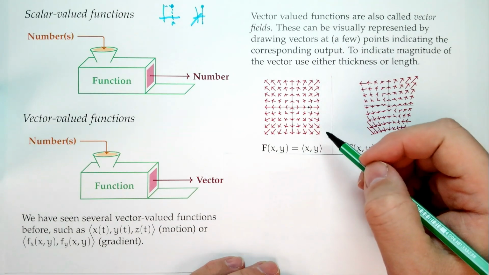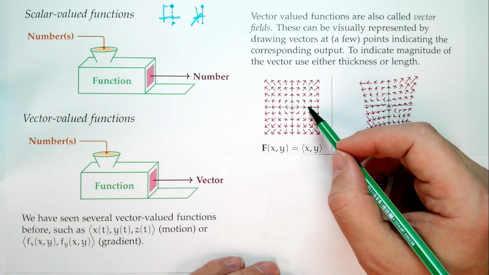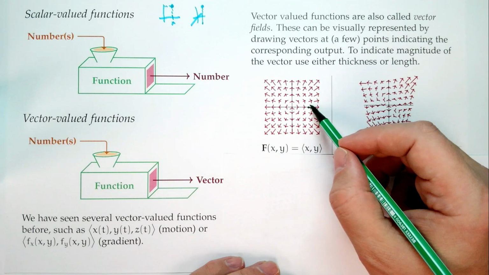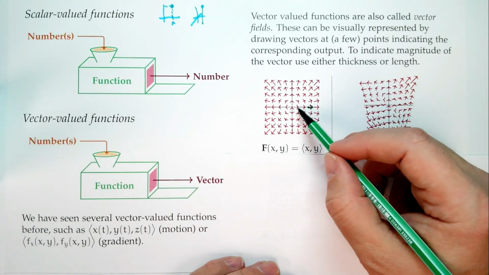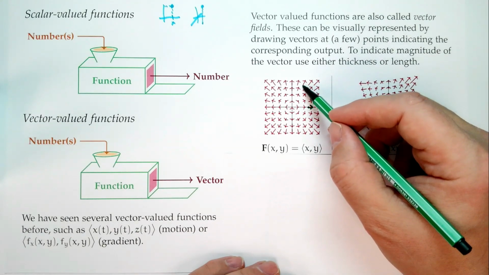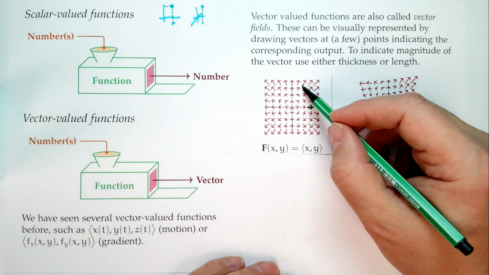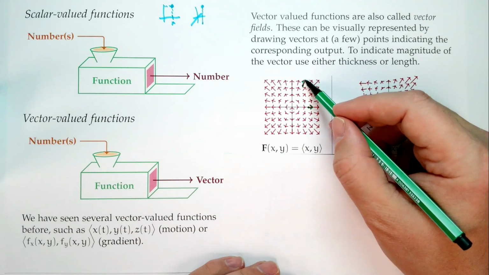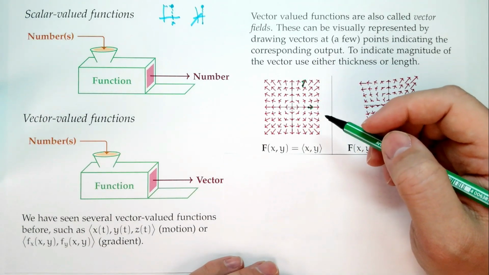That's an easy point to identify the behavior, because I'm on the positive x-axis, so the vector from there points in the positive x direction. Or I might pick a point up here. Well, there's a little change in x, but a bigger change in y, and I'm moving that way. And I do that for many, many points, and I get this shape.